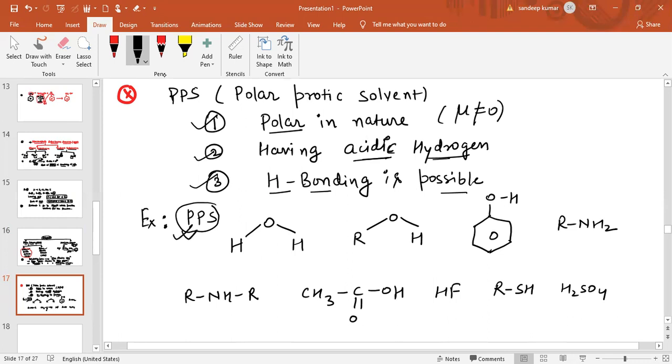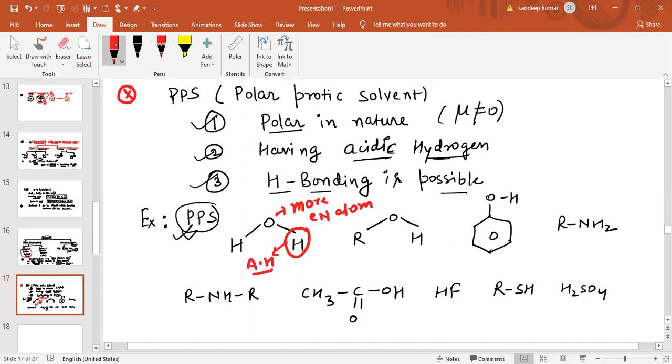So we are discussing the polar protic solvent. Now you can see easily that hydrogen is attached with oxygen, which is a more electronegative atom. So this is the acidic hydrogen.